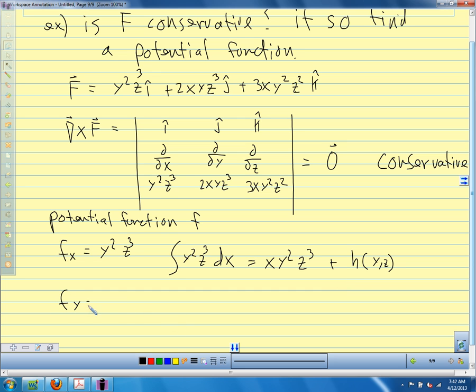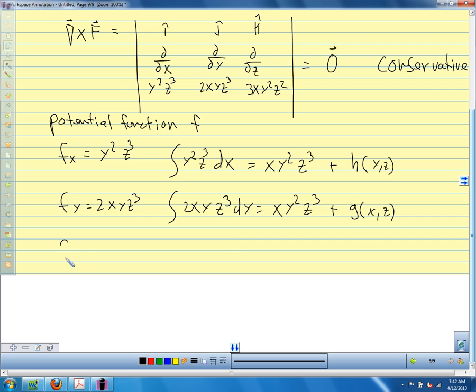My partial with respect to y is 2x y z cubed. The integral of 2x y z cubed dy is x y squared z cubed plus some function of x and z. Our constant of integration could be a function of x and z. And f sub z is 3x y squared z squared.